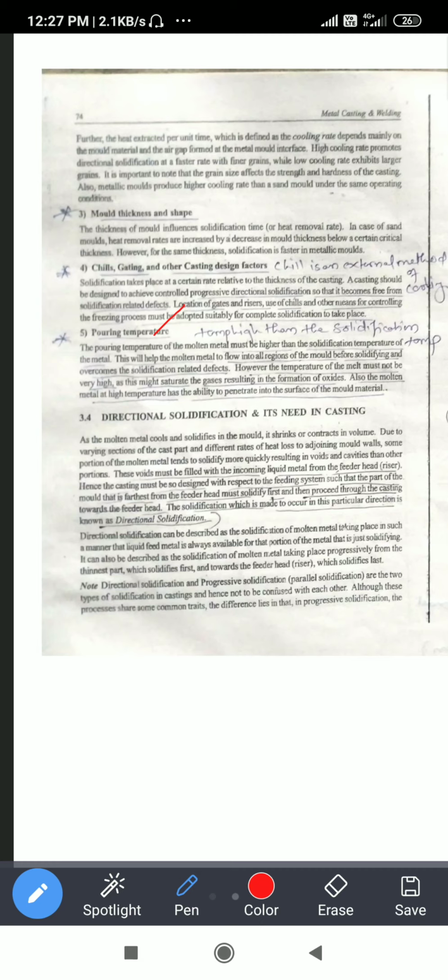Hence the casting must be designed with respect to a feeding system. The casting pattern is what the mold cavity is prepared from.